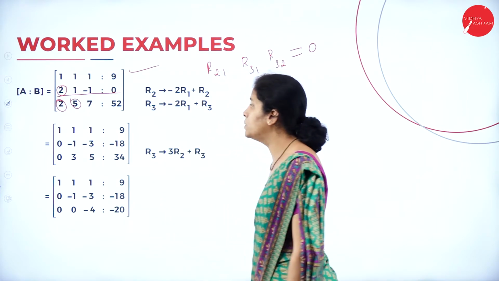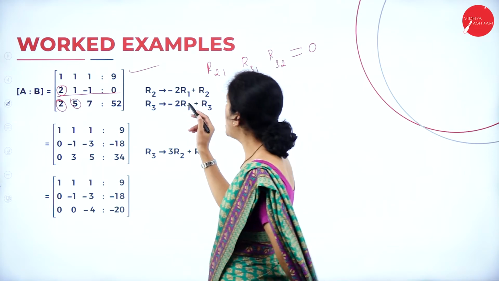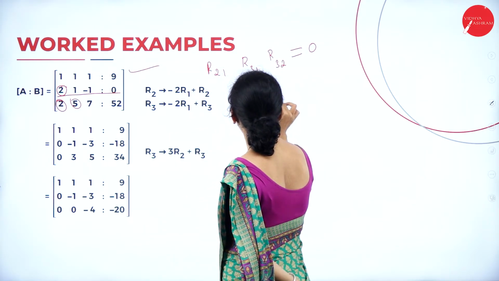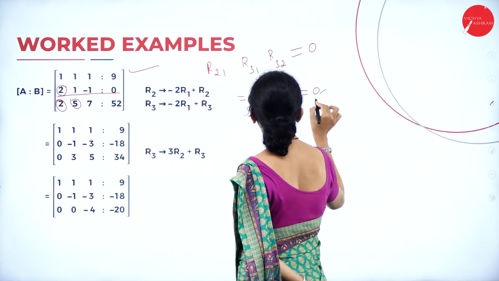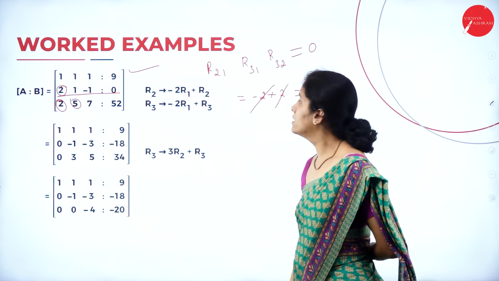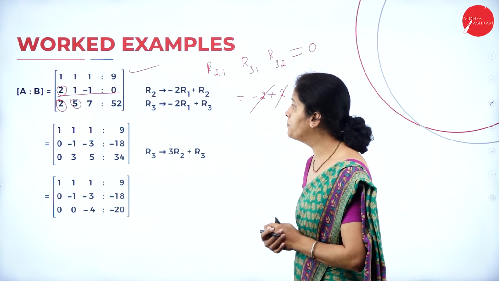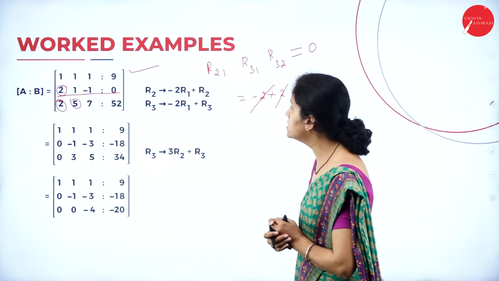So R2 equal to minus 2R1 plus R2. So minus 2 plus 2, both will get cancelled. So the answer is 0. After cancelling minus 2 and plus 2, I'll get the answer 0.